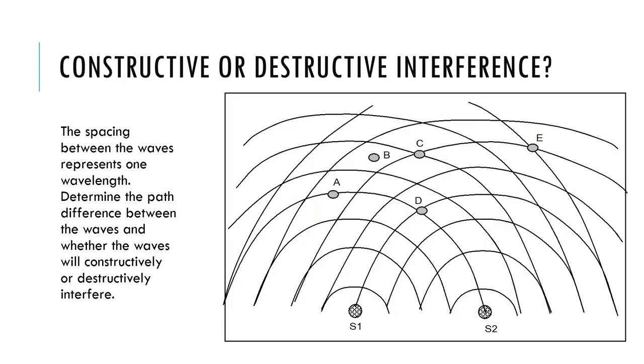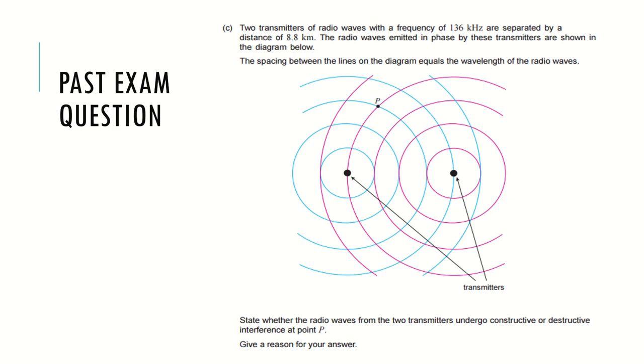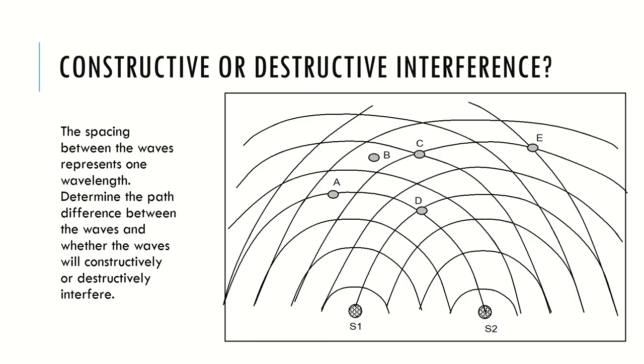Now, I'm going to do this question, and I'm going to get you to do this past exam question yourself. So in this question here, the spacing between the waves represents 1 wavelength. So we can just think of these bolded lines as crests. So these are crests, and that's 1 total wavelength.